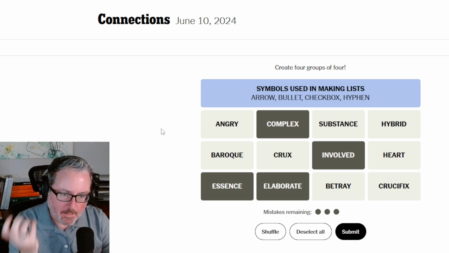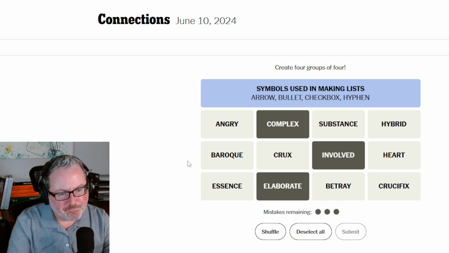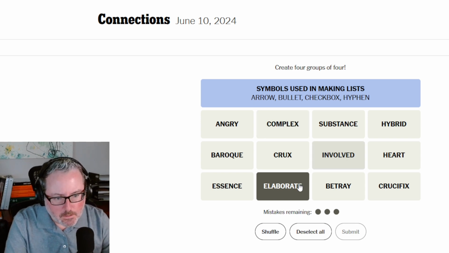Complex, involved, elaborate, but essence doesn't really seem to work there. Substance was kind of close, but not necessarily. I mean, angry, baroque, crux, none of these seem to work. So what else could there be? Let's see.